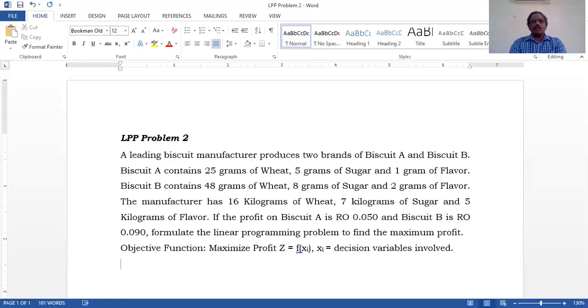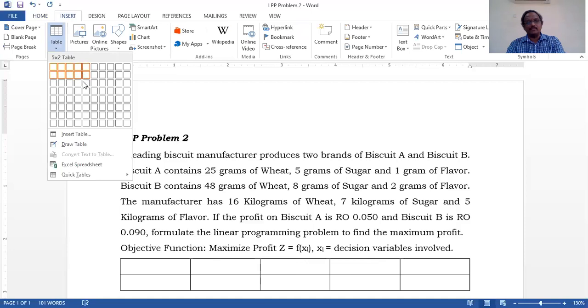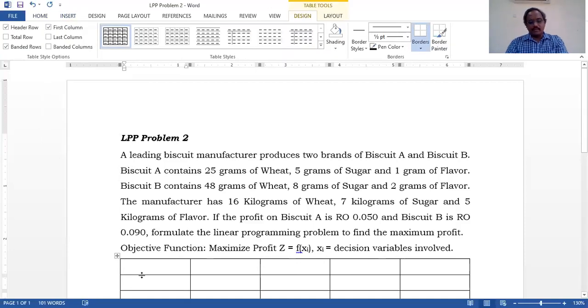Now again, like the last problem, let me form a table so that it is easy for us to identify the requirements and other things. So we are having the products. I'm going to check what all the products are.